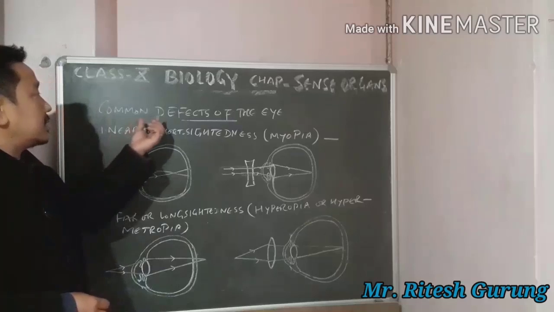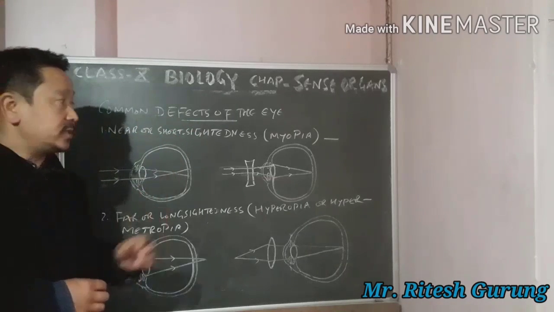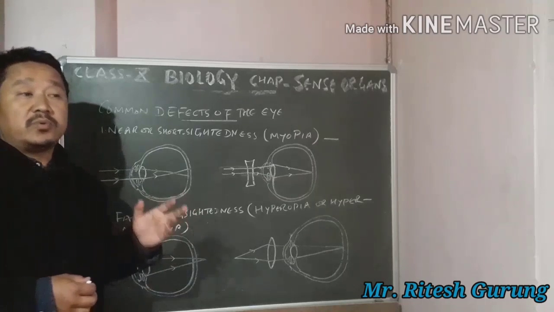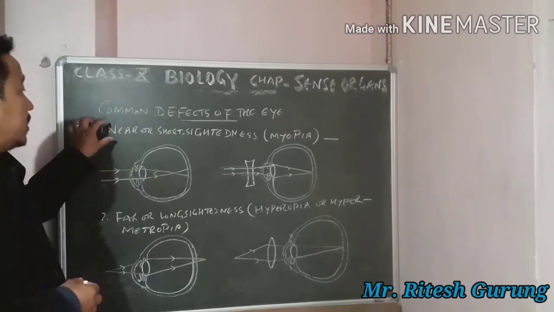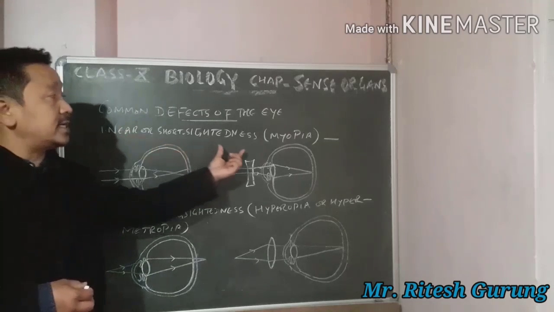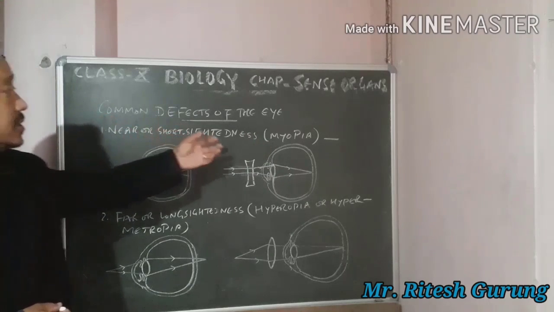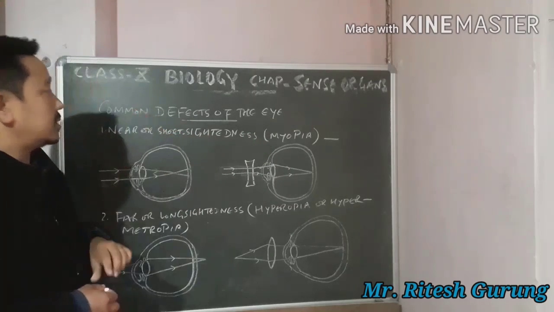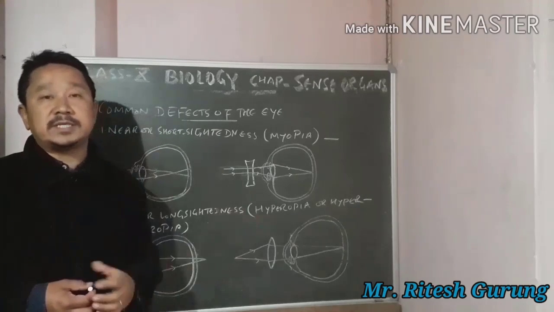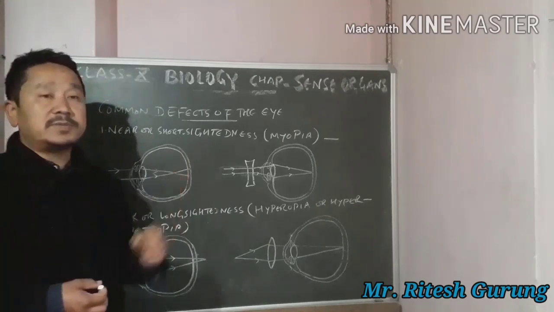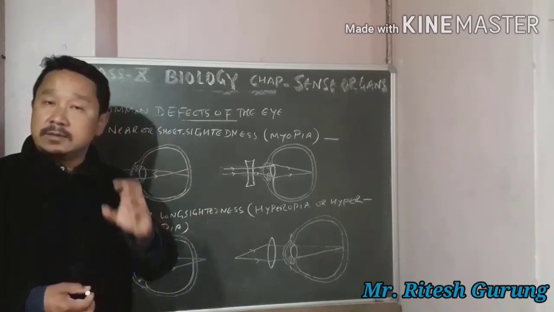We'll see common defects of the eye. There are many defects of the eye, but in the syllabus, four to five such defects are there. We'll start with near or short-sightedness, or myopia. In this condition, we can see near objects clearly, but distant objects cannot be seen clearly; they are seen blurred.